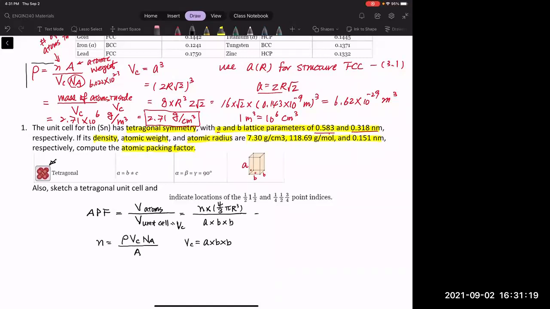If you calculate correctly, the n is going to be equal to 4. By using the 4 here, you're going to get 0.534. Now this APF doesn't have a unit because it's a ratio of the volume. So volume divided by volume, you get a constant. And that is the answer for this one.